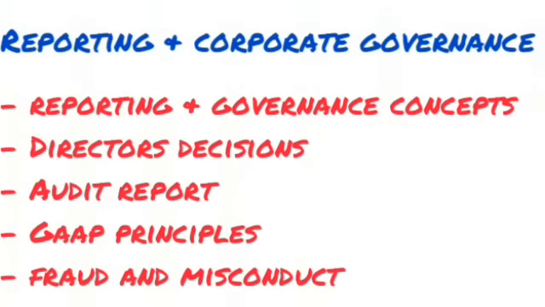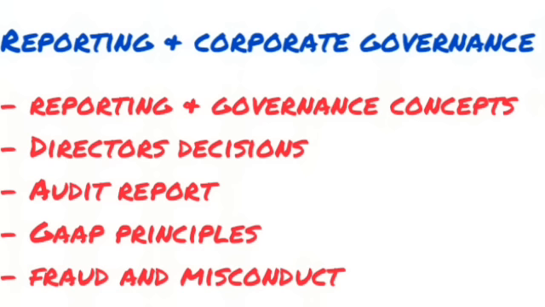The last topic is the reporting and corporate governance topic, and what you can expect under this one is the reporting and governance concepts, meaning the concepts and terms that you find under this topic. You need to be able to explain them in case you have a matching column type of question, or a fill-in-the-answer type of question.